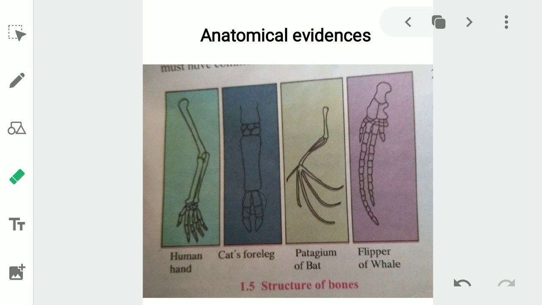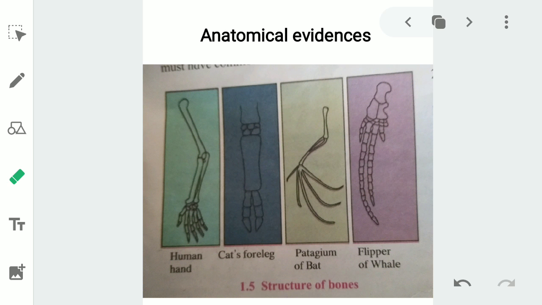So all the functions of these skeletal or bony structures are different, and even the positions are different, right? There are no superficial similarities, but you can see the bony structure is somewhat similar. The bony joints, the bony structure is somewhat similar in these structures of bones.